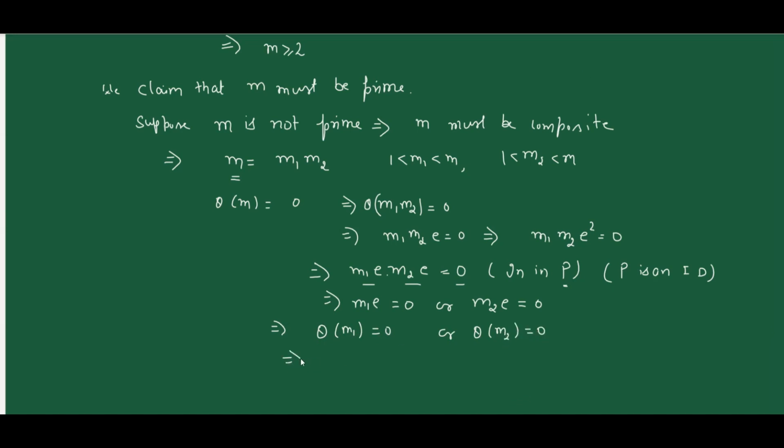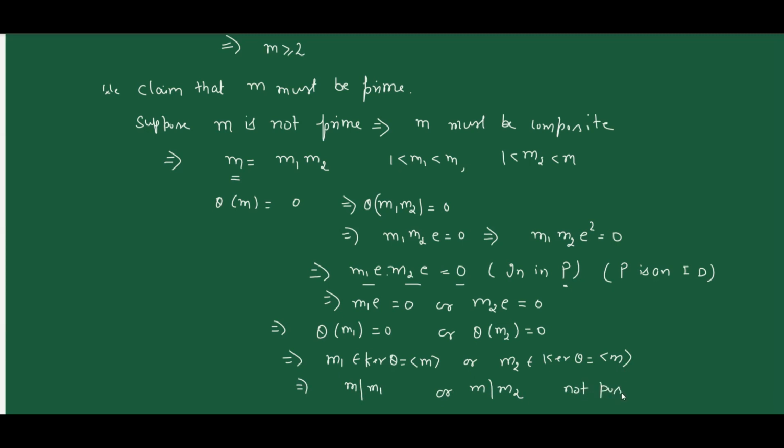It means either m1 belongs to kernel theta, which is generated by m, or m2 belongs to kernel theta, which is again generated by m. So this implies either m divides m1 or m divides m2, which is not possible.